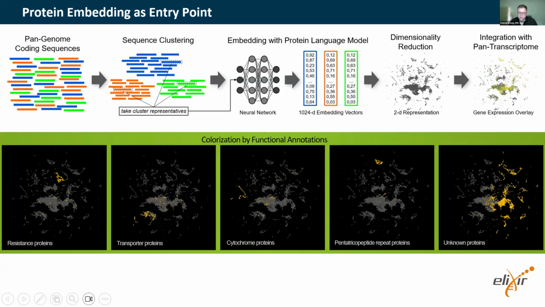This two-dimensional representation can then be overlaid with additional metadata like gene expression or functional annotations, which is shown in the picture below. For example, on the left one, you can see resistance proteins, followed in the next picture by transporter proteins and so on.